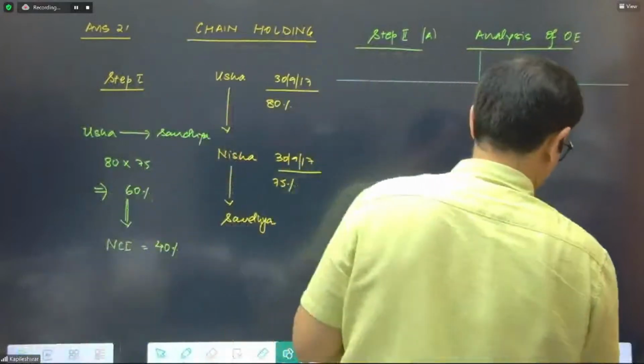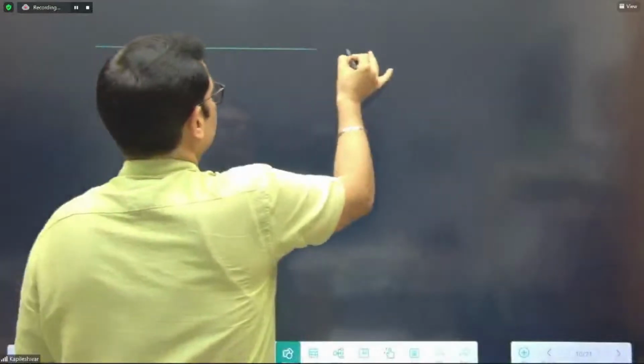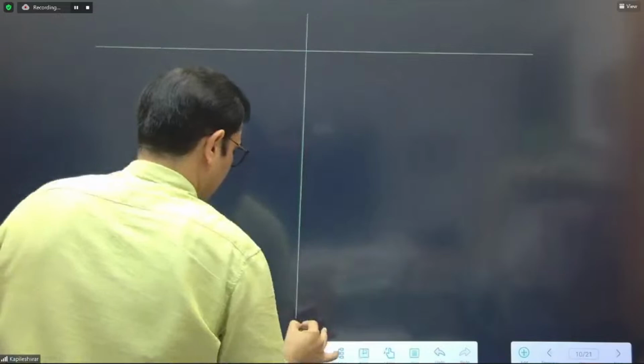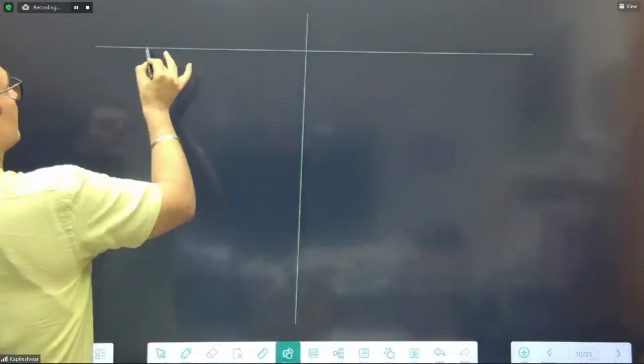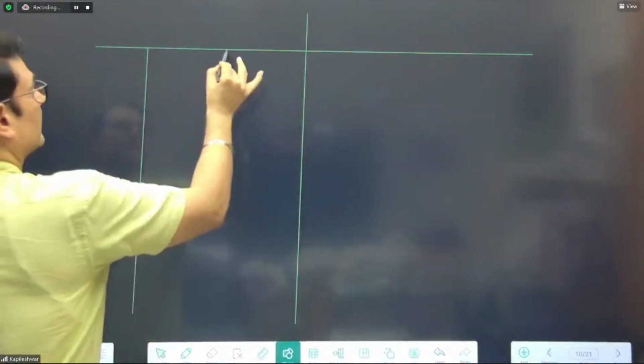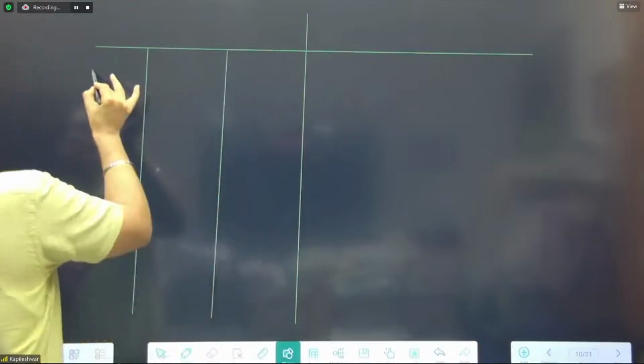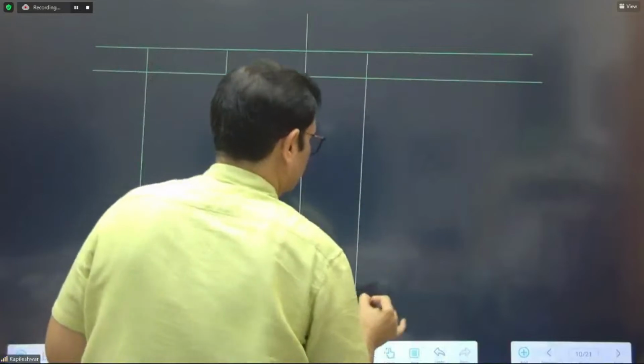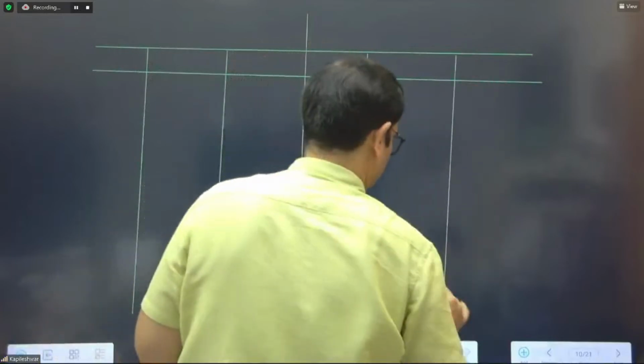So I'm going to do the analysis of both the companies. So I am considering a column for particulars and pre and post, as we did earlier.